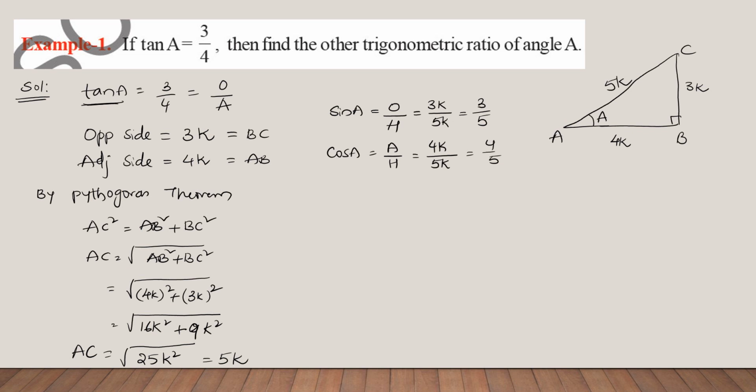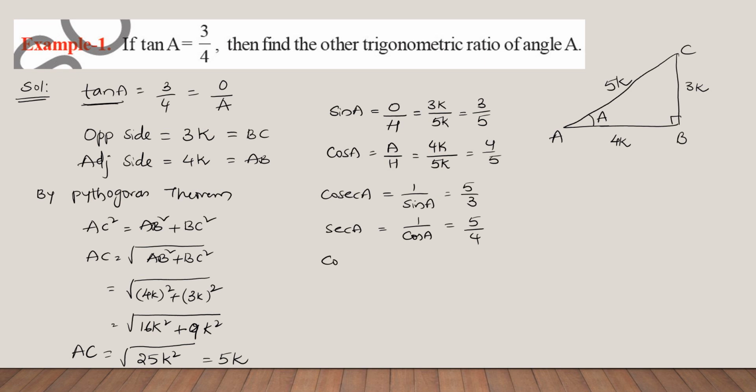Already tan A is completed. Next, cosecant A. We already know cosecant A is the reciprocal of sin A, so 1 by sin A, which is equal to 5 by 3. Next, secant A means 1 by cos A, so 5 by 4.